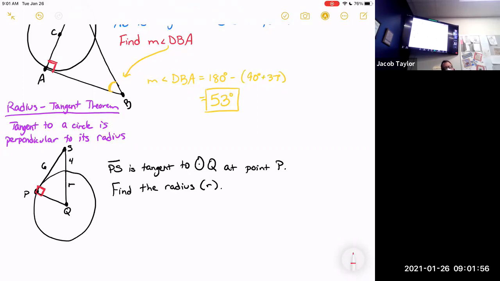So that gives you that angle. Then you would have to use your SOH CAH TOA stuff. I'd love to, but I don't know any angles. Well, you know one, but the one you can't use.